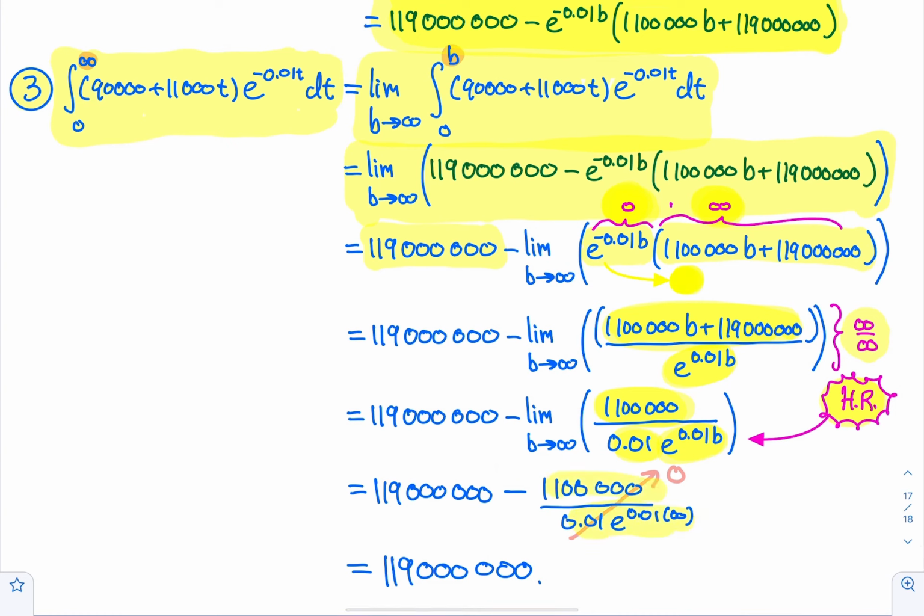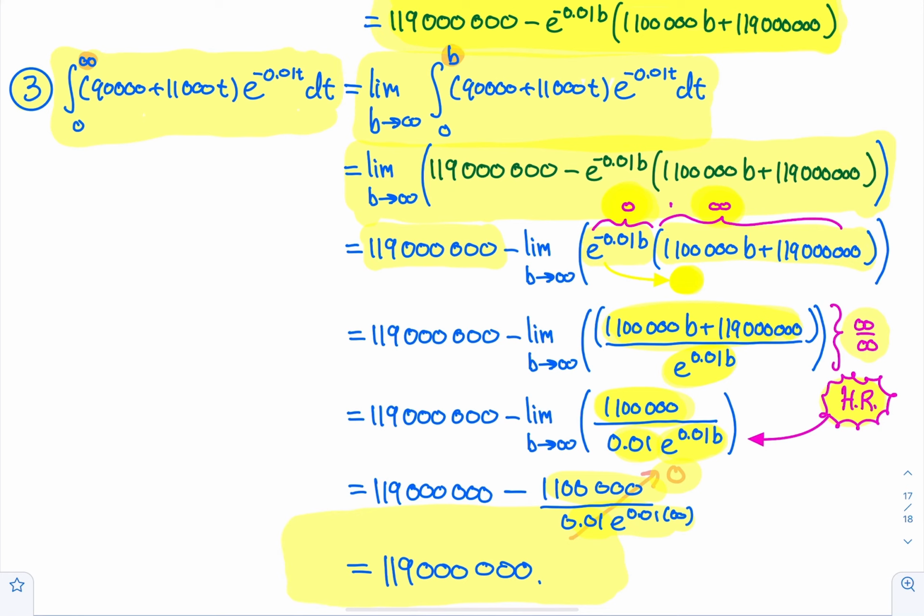So this whole fraction will go to 0. All that to say that the whole thing will go to 119 million dollars. In other words, if you have right now in your bank account $119 million, you can pay a flow of income C(t) forever.